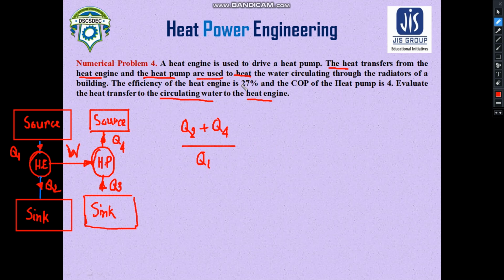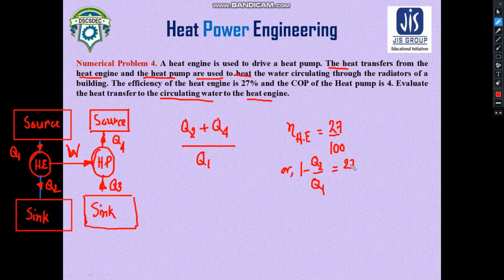Now initially it has been given that the efficiency of the heat engine is 27%. So eta heat engine is 27 by 100. Now what does the efficiency mean? It means that 1 minus Q2 by Q1 is your efficiency.